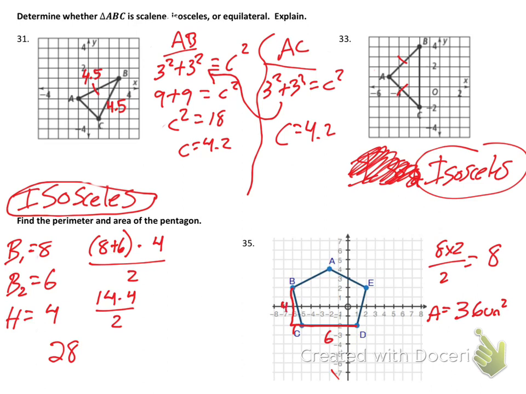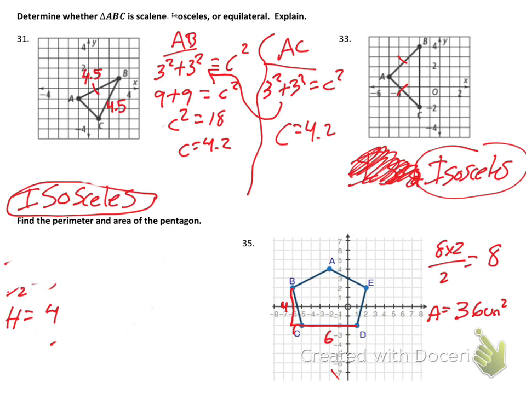So let me just erase this real quick so you can see my work. So I'm moving on to perimeter now. Just keep track with me after I found my area. So this is 1, this is 4, and then I'm looking for B to C.